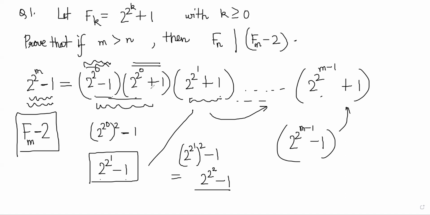And what is this term? This is f of 0, this is f of 1, and so on. This is f of m minus 1, right? So what we are getting from here is that f of m minus 2 is equal to 1 times f of 0 times f of 1 till f of m minus 1.